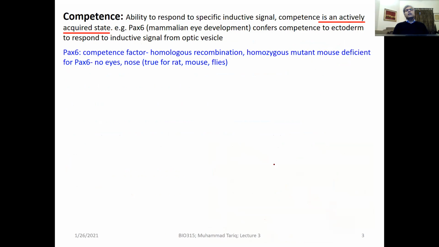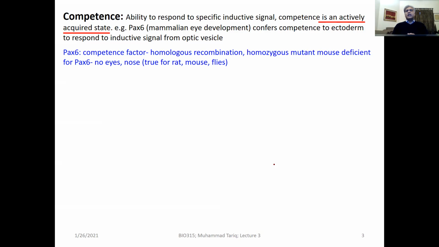So now let's look at the molecular level. What are the induction signals and what are the factors which result in competence, which make responder cells competent to generate a specific response? Competence is an actively acquired state.